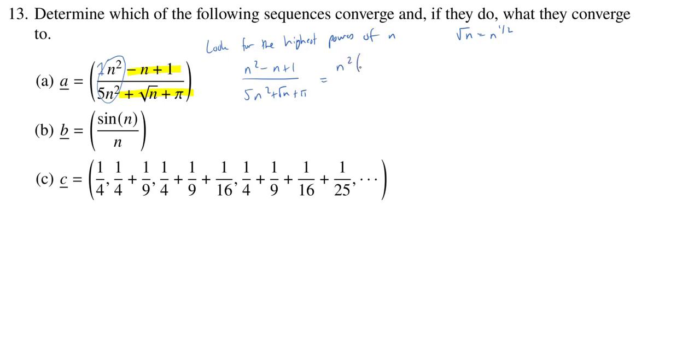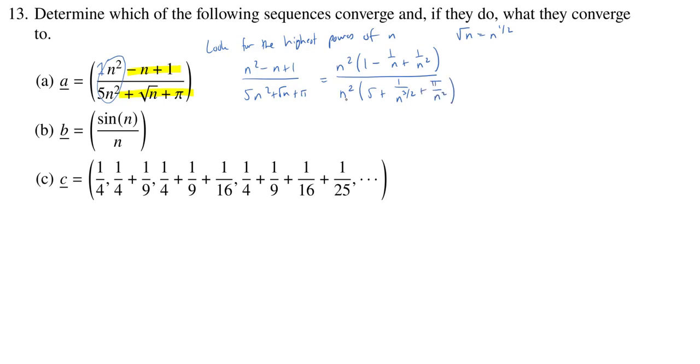So I'll get here n squared times 1 minus 1 over n plus 1 over n squared, over, again dividing out an n squared, 5 plus, now thinking of this root n as an n to the 1/2, and so when I get rid of an n squared, this becomes n to the negative 3/2, or 1 over n to the 3/2 power, and then plus pi over n squared.